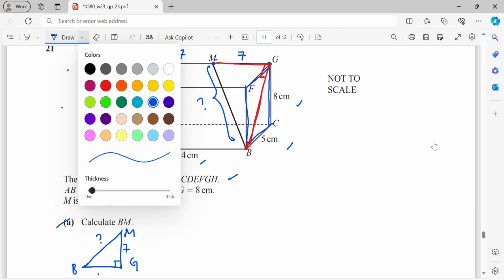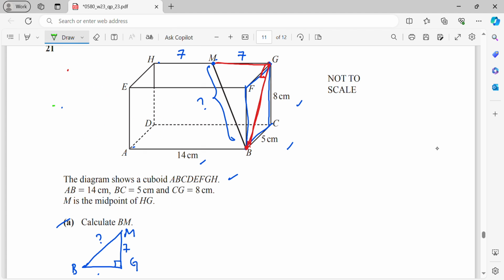So when you need to find BG, okay, so BG, which is this, right? So when you look at this triangle BCG, okay, so I will draw another triangle. This is G, this is C, and here B. So now here must be 90 degrees because it is a vertical plane.